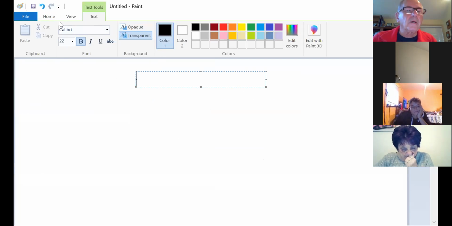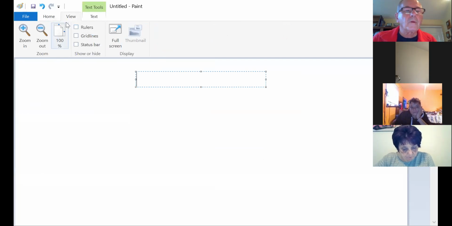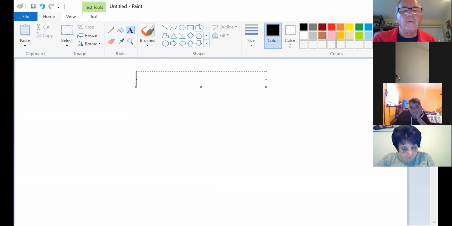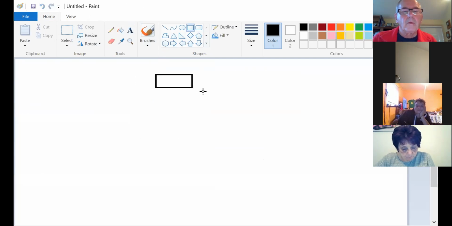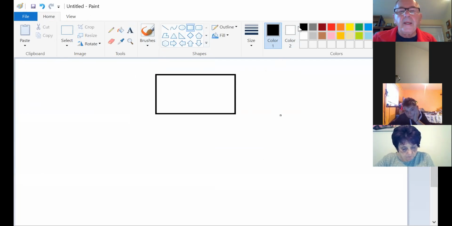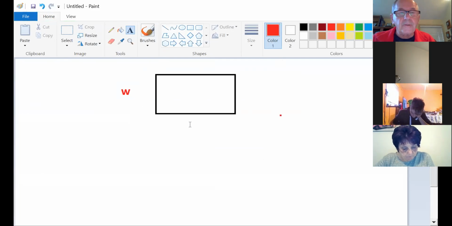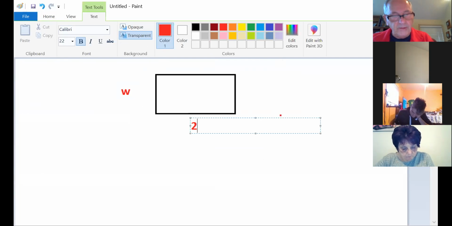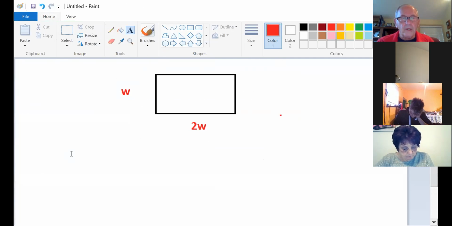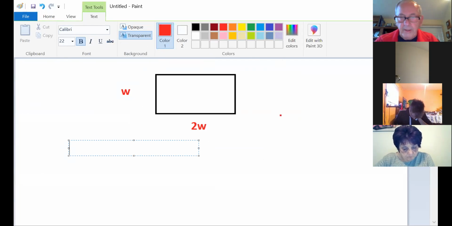So you've got this rectangle. Just do it like that. And what do we know? We know one side is W, right? And the other side is 2W. That's what it says in the problem. What's the perimeter of this thing?